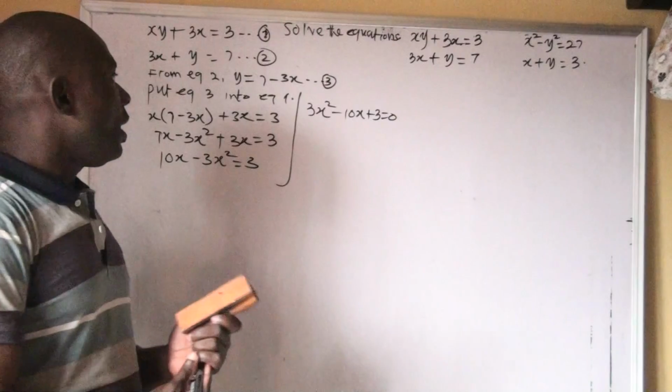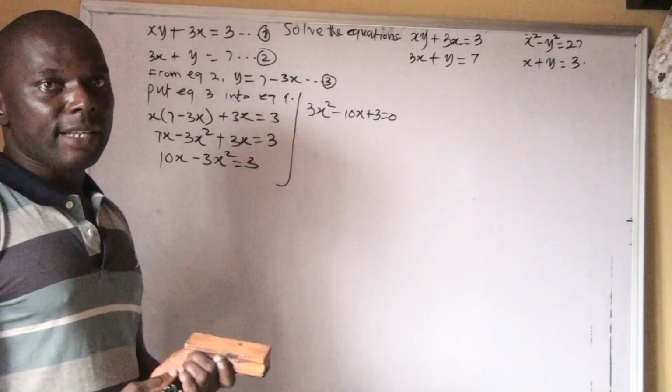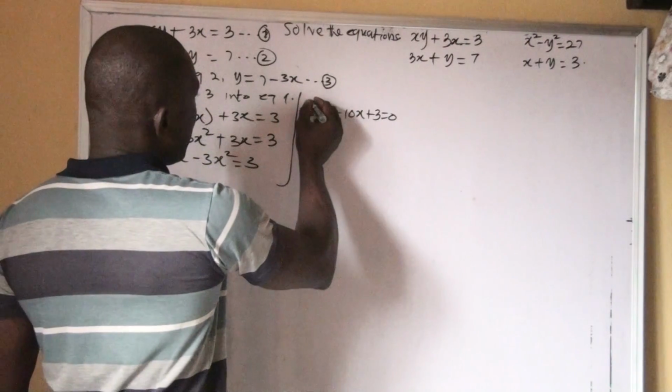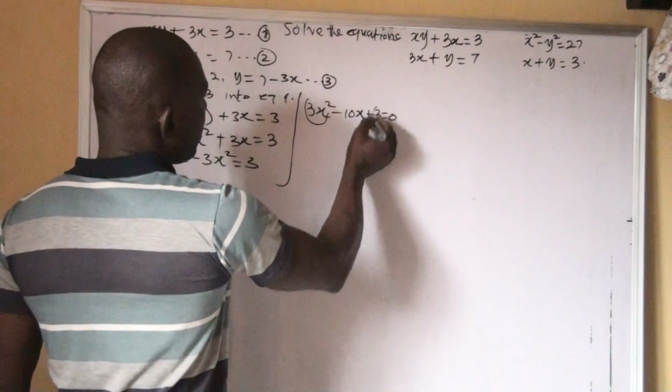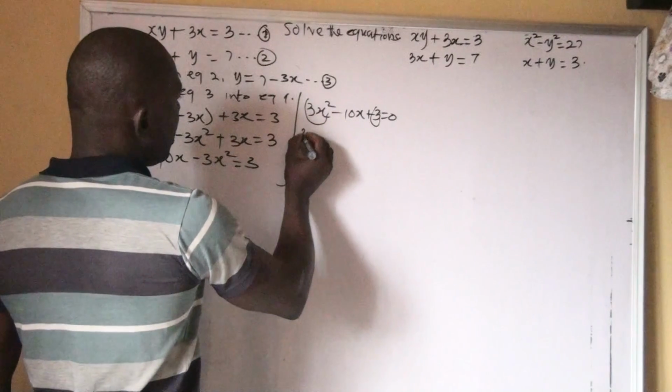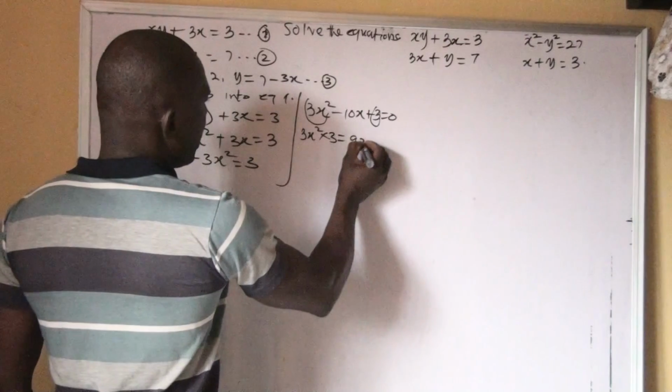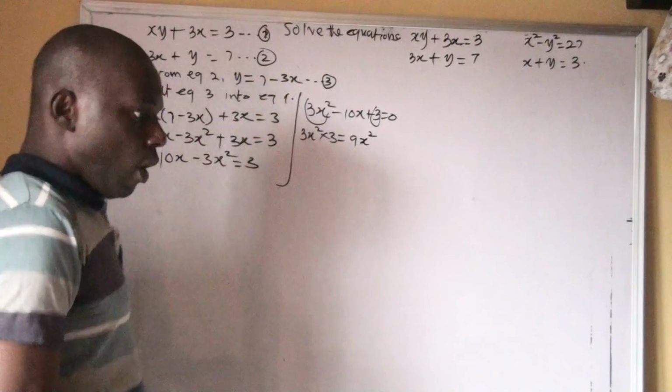So here, let's use the method of factorization. In the method of factorization, what we usually do is multiply the first term by the last term. If we do that, we have 3x squared times 3, that will give us 9x squared.